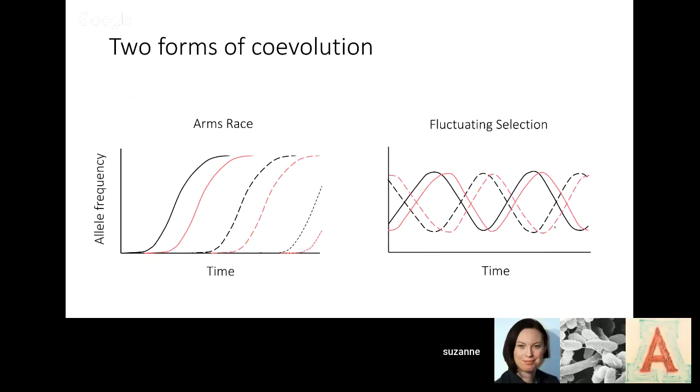And so the second form of coevolution is called fluctuating selection dynamics. And this is different because it's based on more specific interactions between hosts and their pathogens.